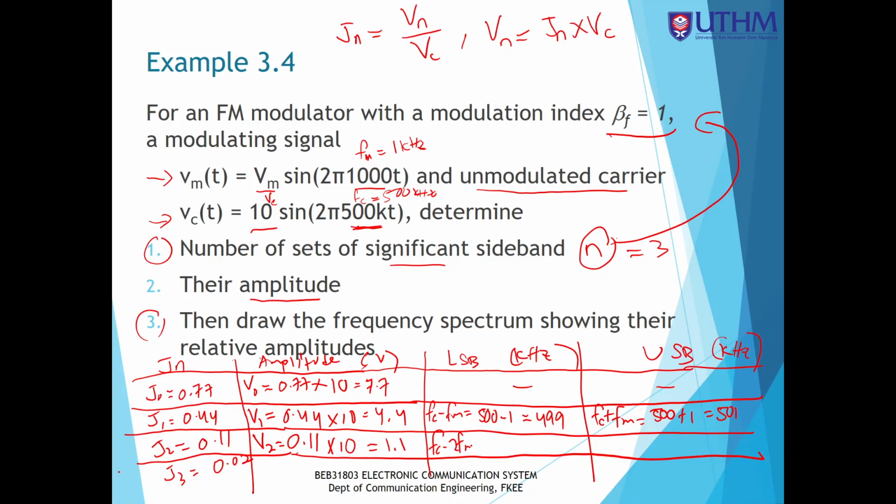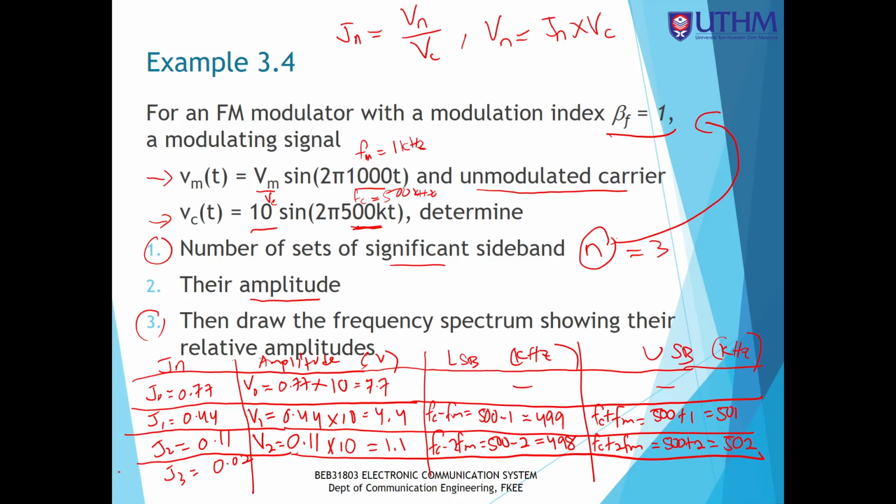So this is 500 minus 2, which becomes 498 kilohertz. And the upper is Fc plus 2Fm, so 500 plus 2, which is 502 kilohertz.